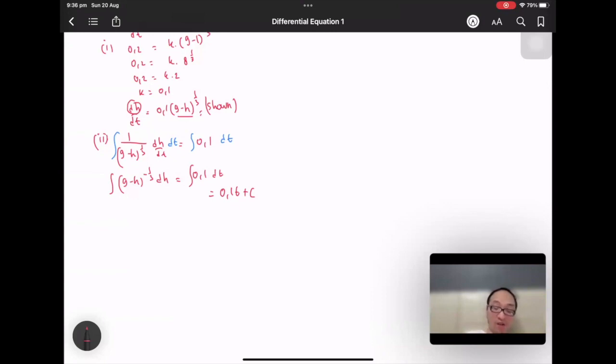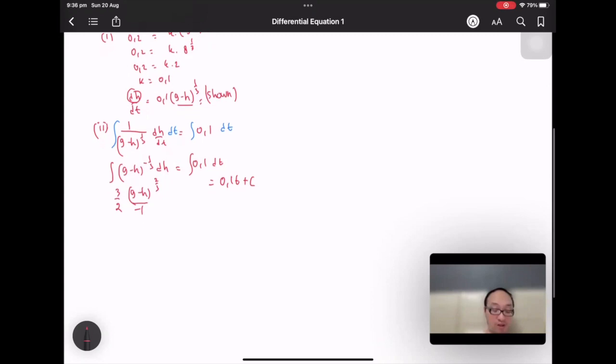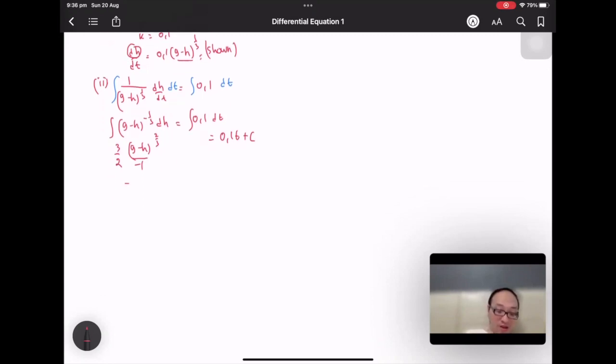But on the left side, we have (9 minus h) to the power of negative 1/3 plus 1, so it's 2 over 3, and 3 over 2. And don't forget to divide by the negative 1. So it's negative 3 over 2 times (9 minus h) to the power of 2/3 equals 0.1t plus c. So I just multiply it by negative 2 over 3 to remove the coefficient here.